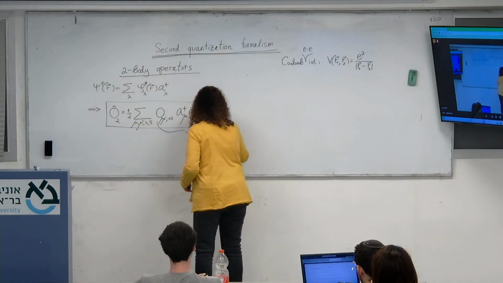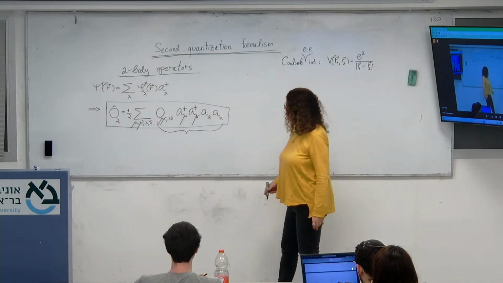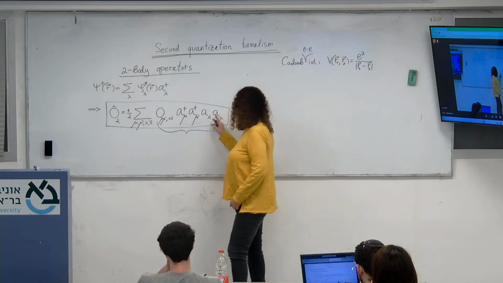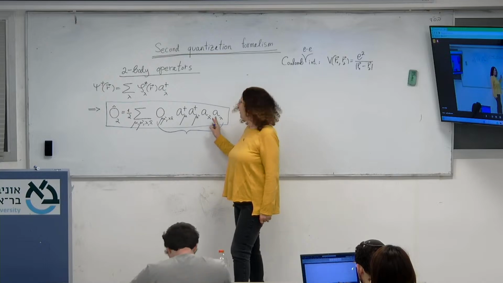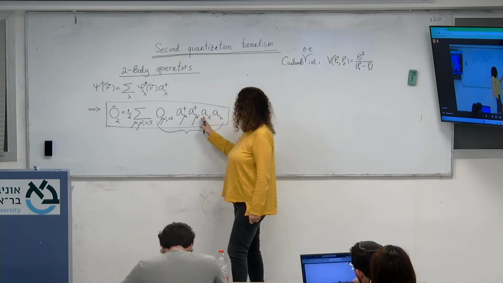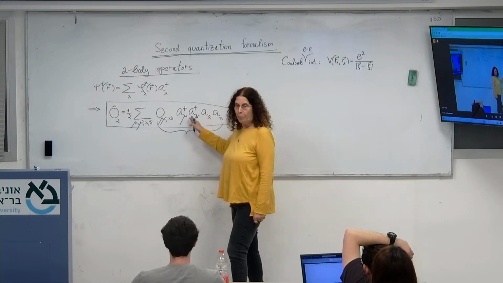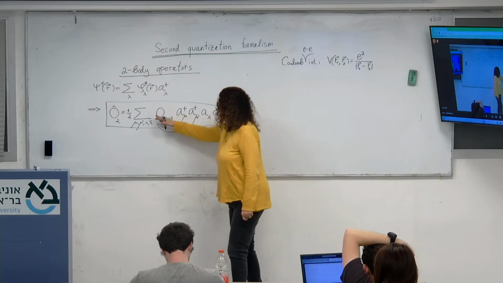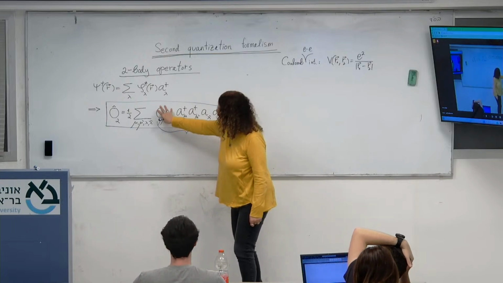Here I have a sum over many processes, and as I said, it's a process where you annihilate 2 particles at lambda and lambda prime, and recreate them at mu and mu prime. And the amplitude for such a process is described by this matrix element.